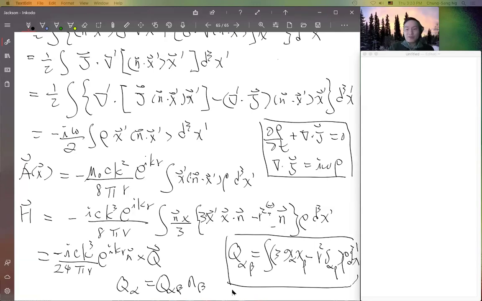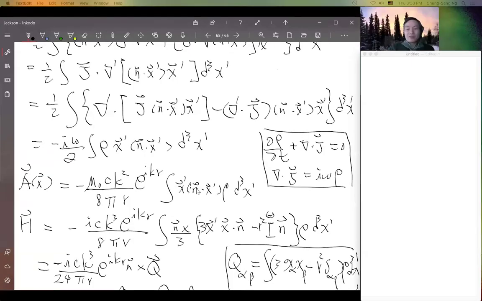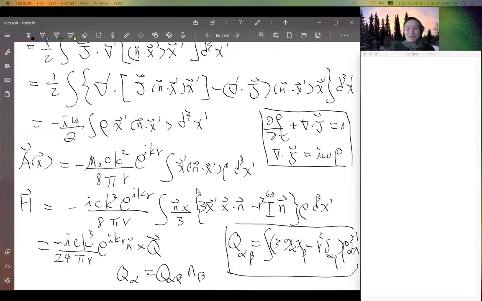Now you can see that. So I insert the identity matrix, which is this Kronecker delta, and dot into n. Then you can pull the dot n out. So this is the quadrupole tensor dot into n, and that gives you a vector, what we call Q here. All right, so that is the form of H.